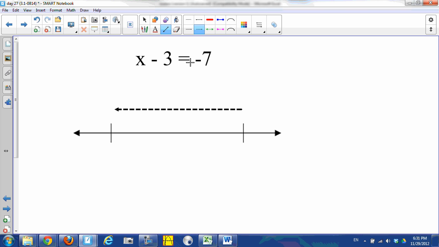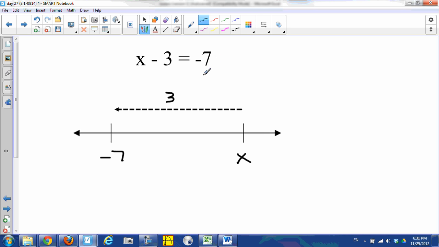So taking away 3. Now, what are we taking away 3 from? We're taking away 3 from x. And the result of taking away 3 from x is negative 7.